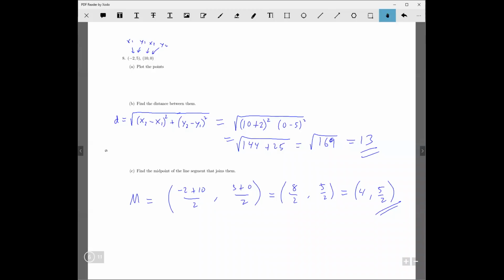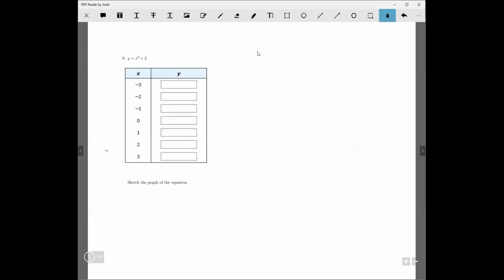Okay, let's go back to the other document. Okay, so number 9. Here we're going to make a table, and then we're going to sketch the graph.